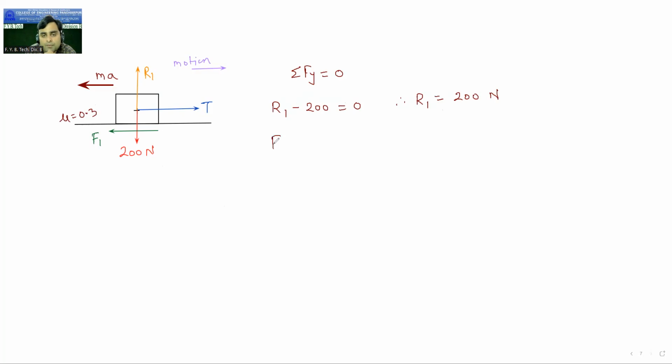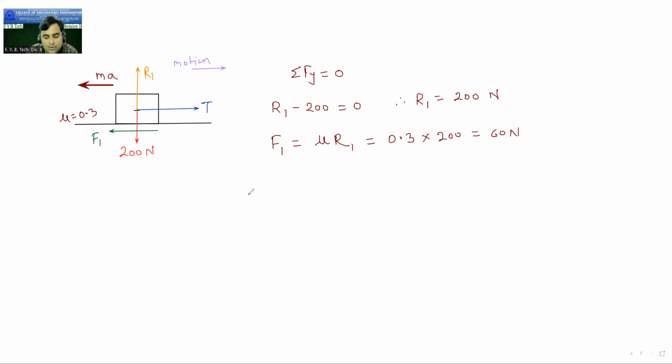So F1 is equal to mu into R1, so 0.3 into 200. So what is F1? It is 60 Newton, the value of F1.